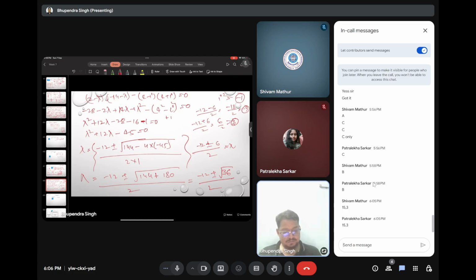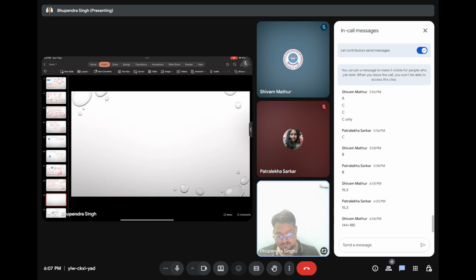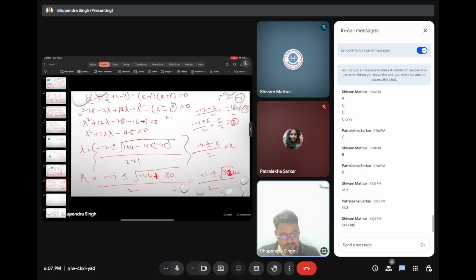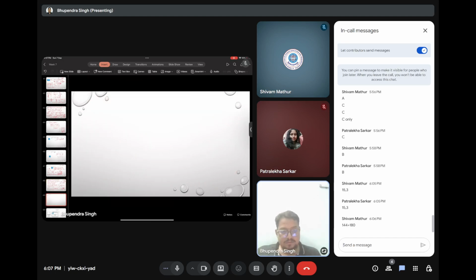Oh, we did something wrong. This is addition, not the minus. So this should be 324. Anyways, you guys can do the math. Let me do the math. Lambda equal to minus 12 plus minus root of 324 divided by 2.